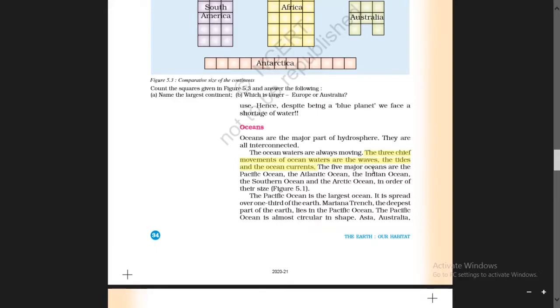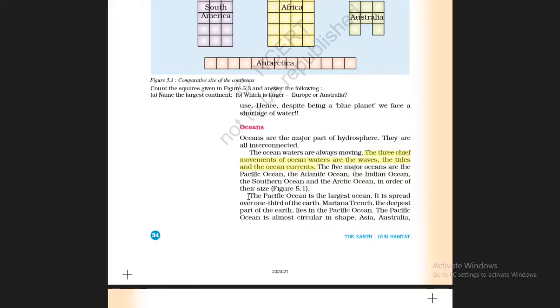The five major oceans are the Pacific Ocean, the Atlantic Ocean, the Indian Ocean, the Southern Ocean, and the Arctic Ocean in order of their size. The large masses of water that cover the surface of the earth are known as oceans.